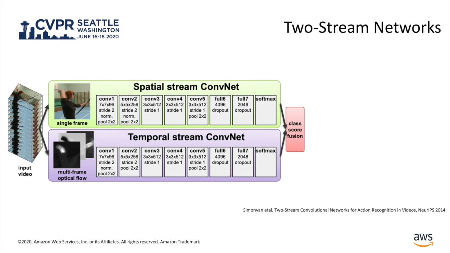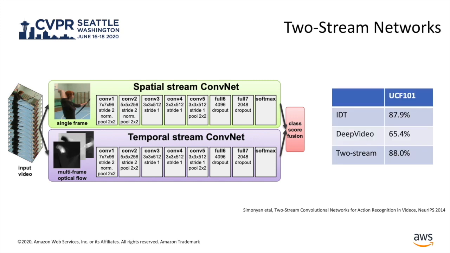Hence, Simonyan proposed two-stream networks, which included a spatial stream and a temporal stream, as can be seen in this figure. The spatial stream takes raw video frames as input to capture visual appearance information. The temporal stream takes a stack of optical flow images as input to capture motion information between the video frames. By adding the extra temporal stream, for the first time, a CNN-based approach achieved similar performance with the previous best handcrafted features IDT on UCF101 dataset.